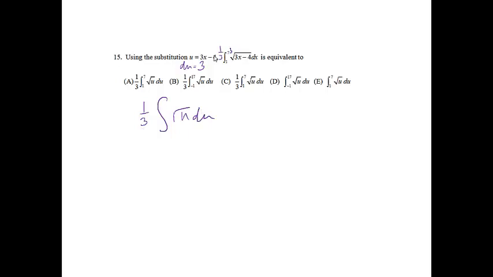One thing that I need to check now are these values, this 1 and the 7. Remember, those are x values. And if we have u's in my problem now, we do need to change those to u's. So I'm going to put u equals, and we know that u equals 3x minus 4. So when x equals 1, my u is going to equal 3 times 1 minus 4, which is -1.